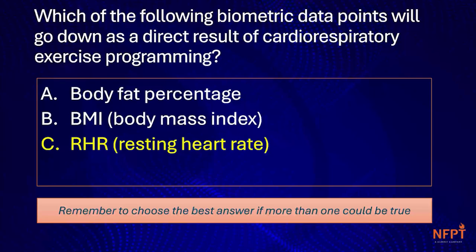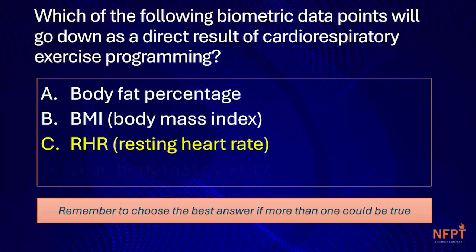Then we've got C, resting heart rate. This data point is directly related to how efficiently the heart is working. So, as a client starts engaging in cardiorespiratory exercise, their heart will get stronger and the resting heart rate will go down.